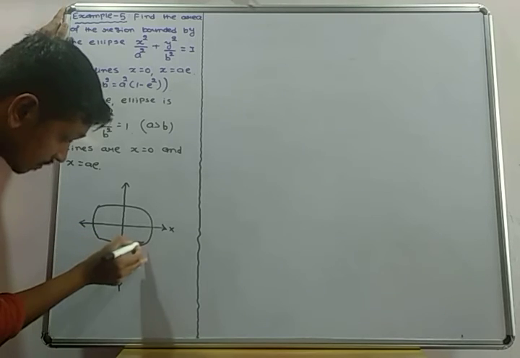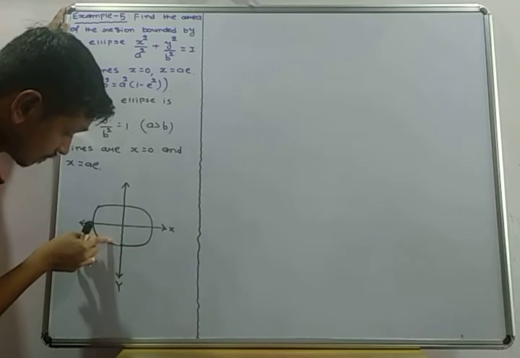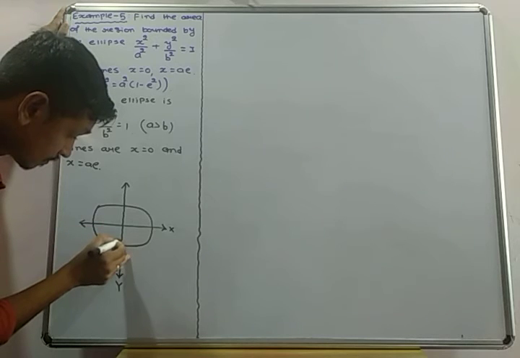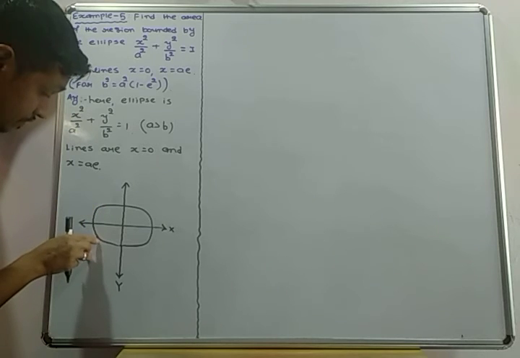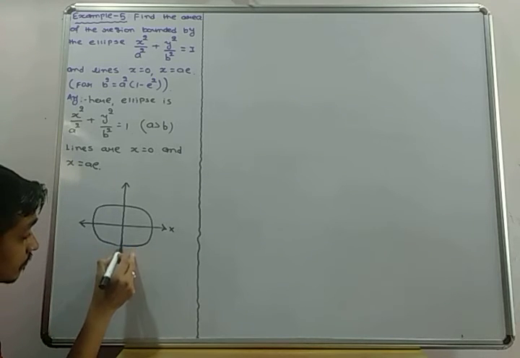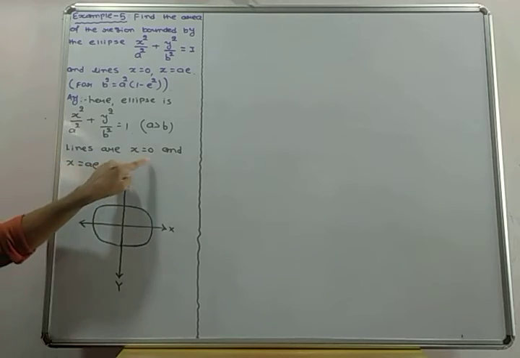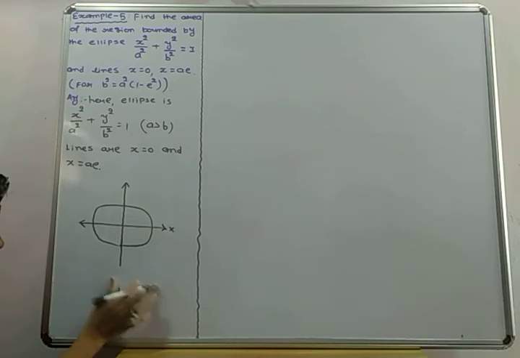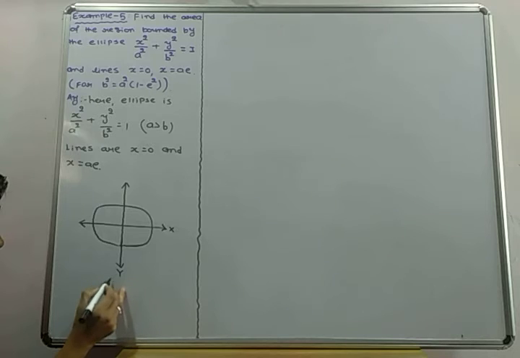Okay. Now here not full part. Ellipse ready, and lines are x equal to 0. So this is the line where x is 0. Here x equal to 0. Okay, x equal to 0 line is ready. Y axis, it means x equal to 0. Done. And x equal to a.